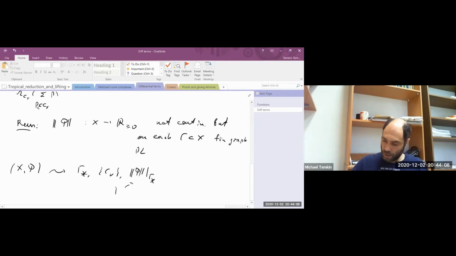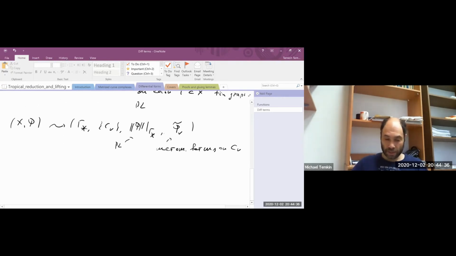This is a PL function, linear on edges. And also we can take here the reductions, the images of φ at any z. So these are just meromorphic forms on C_v.